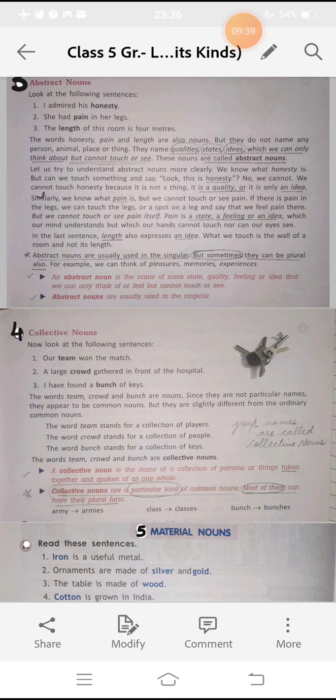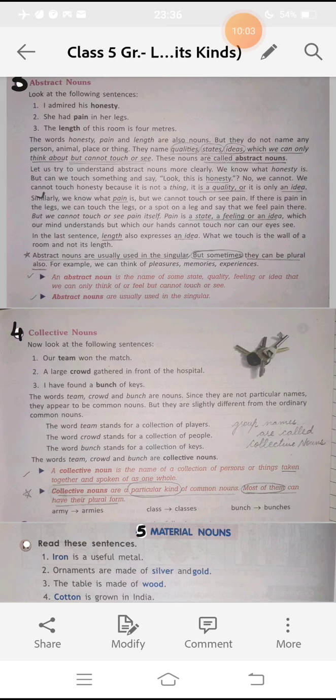Next comes collective noun. Collective noun, as the word itself is very clear, is something related to collection. And what is this collection? This collection is of similar kind of things. In simple words, a collective noun is a group name.